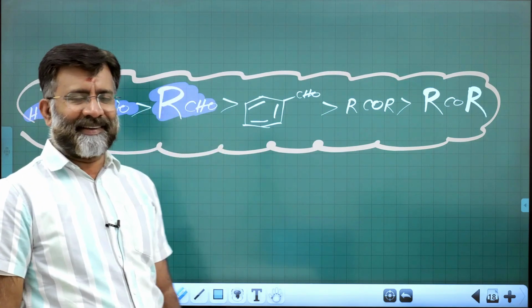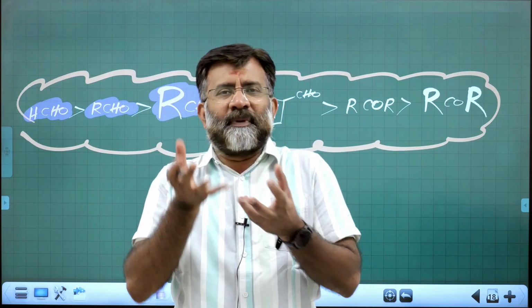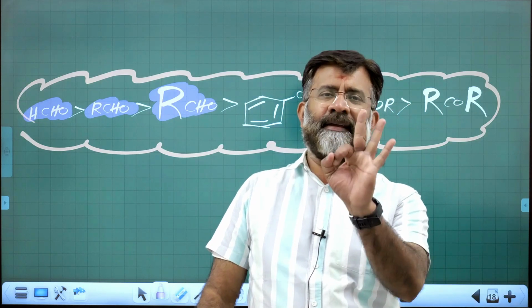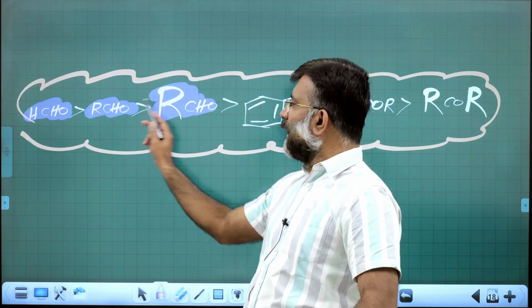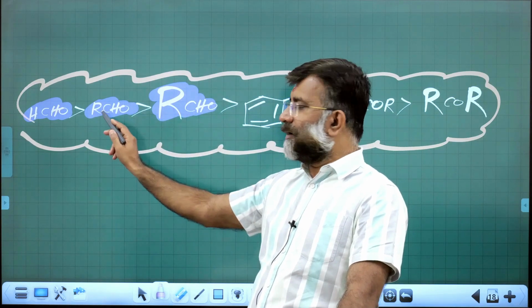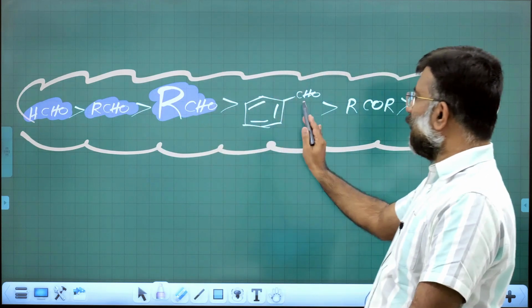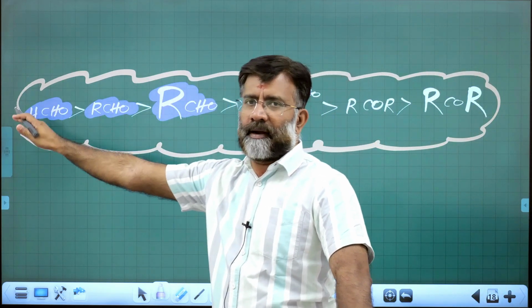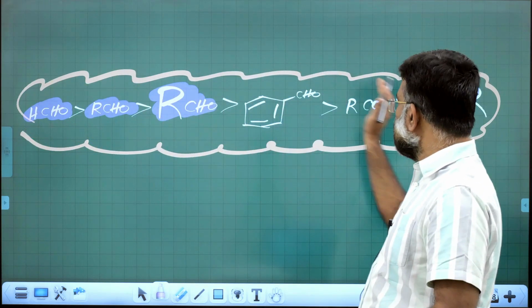As the size of the alkyl group increases, due to steric reasons, generally the reactivity drops. So if you have a simple aldehyde and a bigger aldehyde, the simple aldehyde will generally be more reactive. And then aromatic aldehyde. So formaldehyde, other higher aliphatic aldehydes, then benzaldehyde, then ketones.